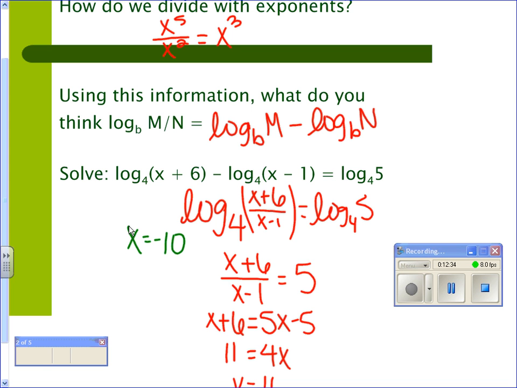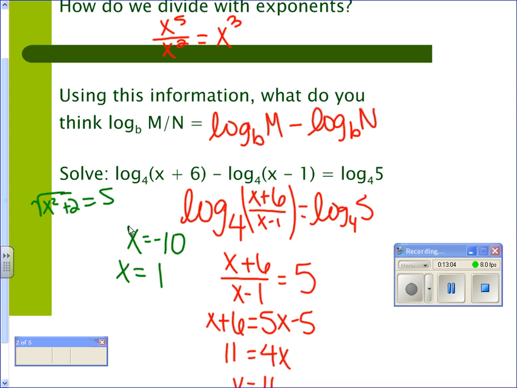So x can't actually be negative 10. Do you remember how sometimes you would get answers on these kind of problems, x squared plus 2 equals 5 or whatever, you get numbers that didn't work? I remember you had to go back and check. It's the same concept with the logs. Sometimes when you do your algebra, you get possible answers that don't actually work. Okay, but if you'd gotten x equals 1, would it work here?